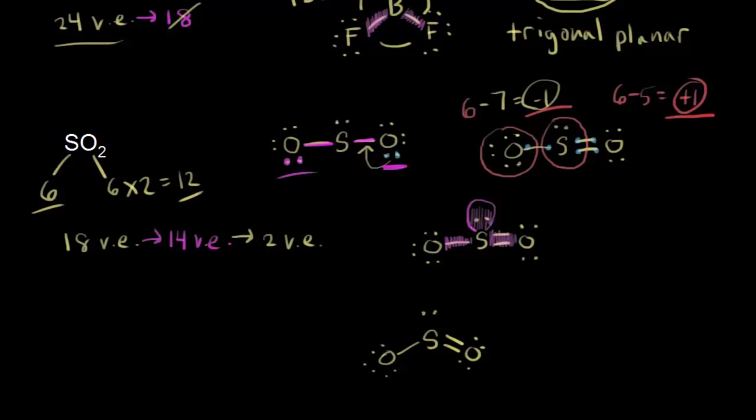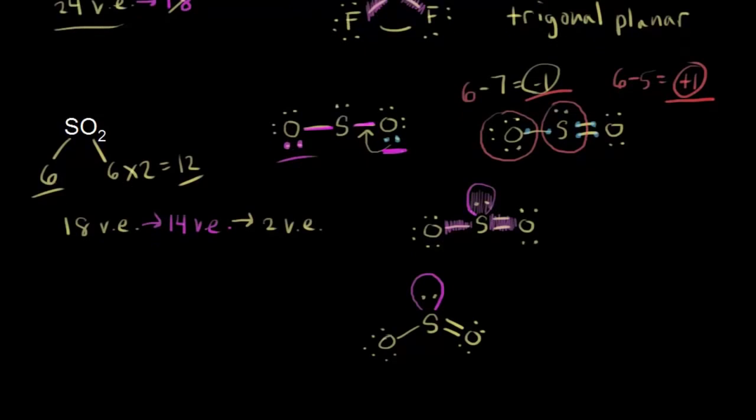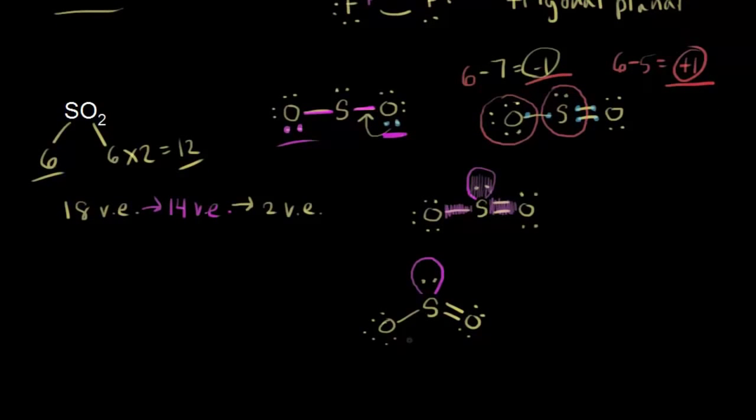Let me go ahead and put those electrons in our orbital here so we can see that electron cloud a little bit better. And so once again, our electron clouds are in a trigonal planar geometry, so we would expect those bond angles to be approximately 120 degrees. So let me go ahead and put this in here. So approximately 120 degrees. It's probably slightly less than that, but that is what we would predict the geometry of the electron cloud to be.